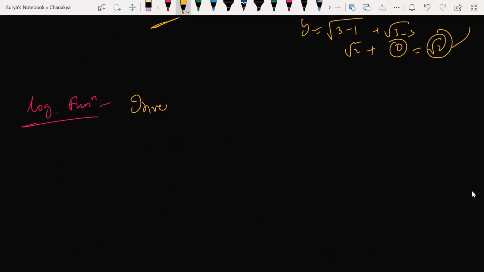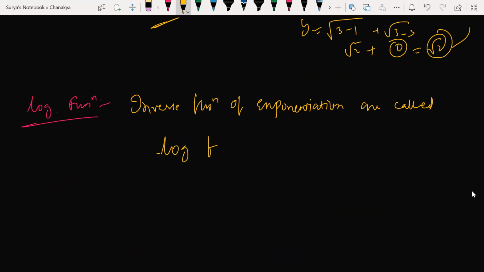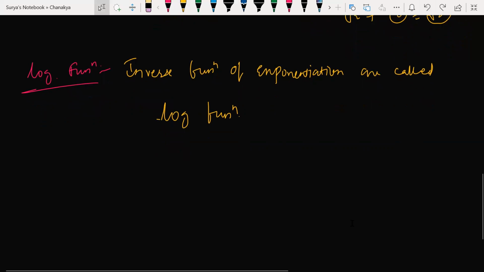It is the inverse function of exponentiation. The inverse function of the exponential function is called the log function, or logarithmic function.